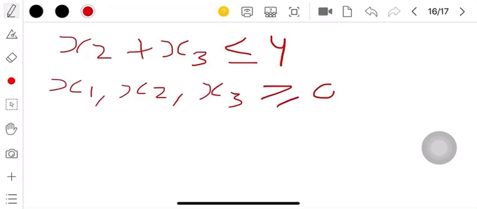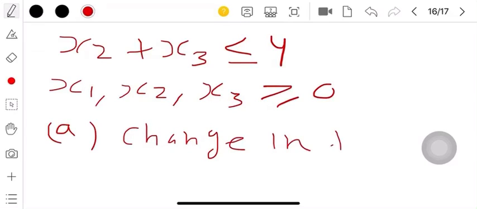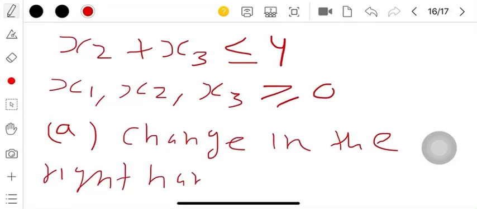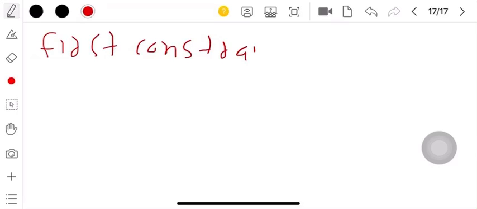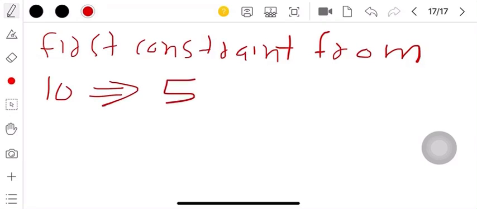So what you need to do is, part A, discuss the change in the right hand side of the first constraint from 10 to 5.